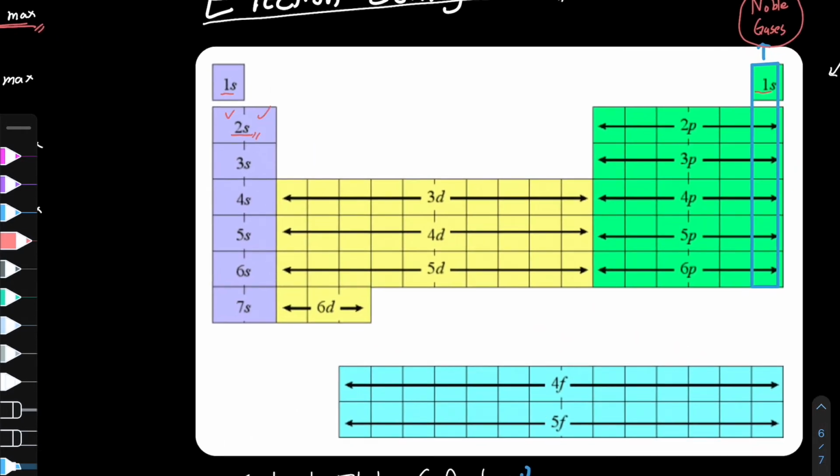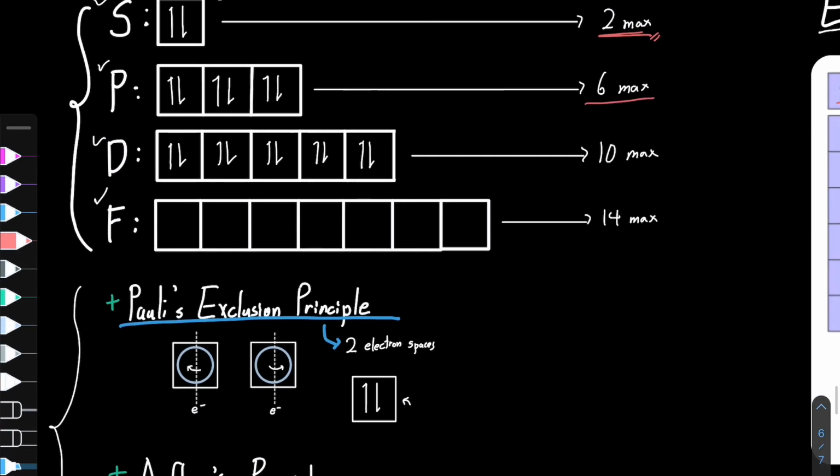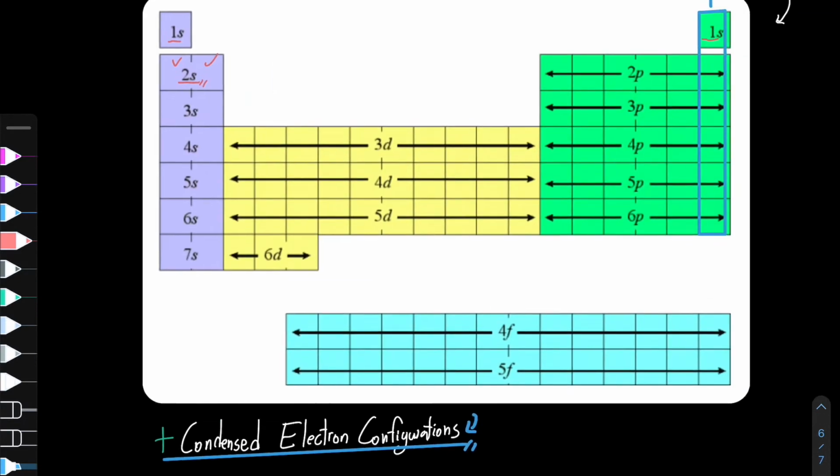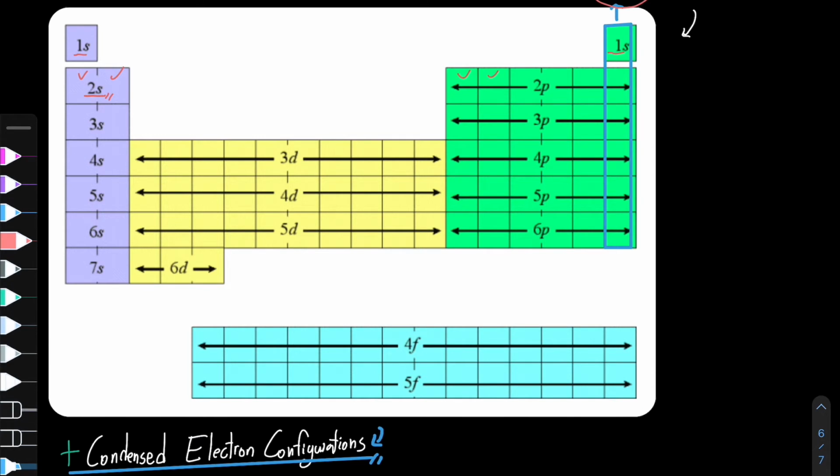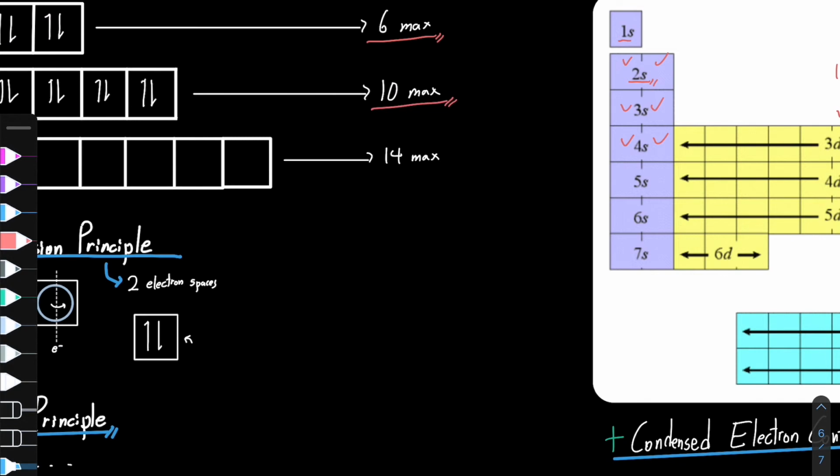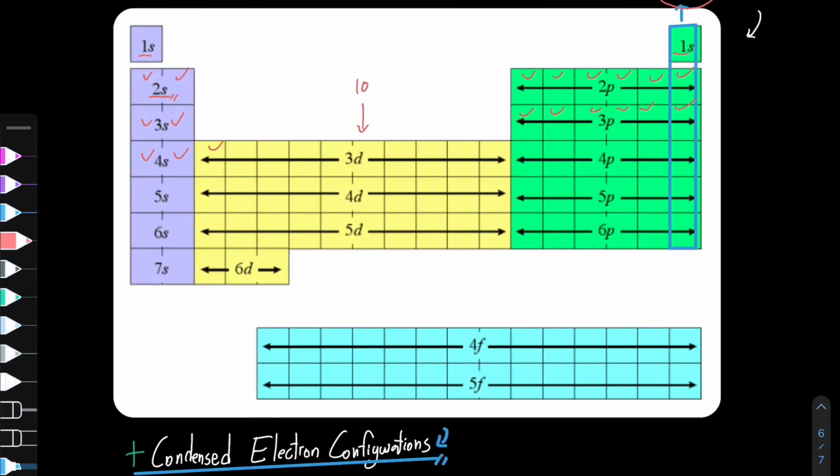Now, p on the other hand has 6 max electron spaces, so we have 1, 2, 3, 4, 5, 6, and 2 of s again, then 1, 2, 3, 4, 5, 6, 2 again, and now there are these d orbitals. They are introduced and have 10 electron spaces at max, so they occupy 1, 2, 3, 4, 5, 6, 7, 8, 9, 10.